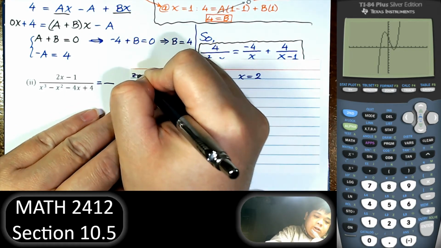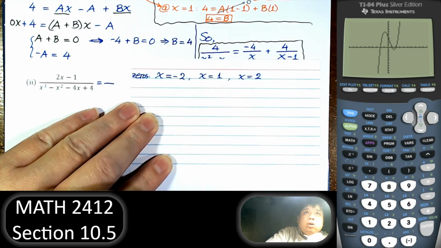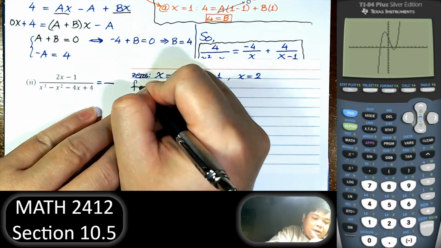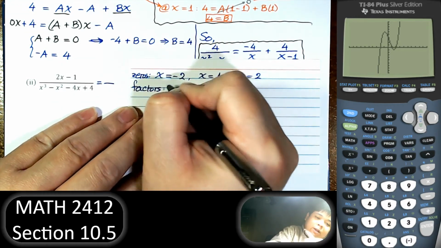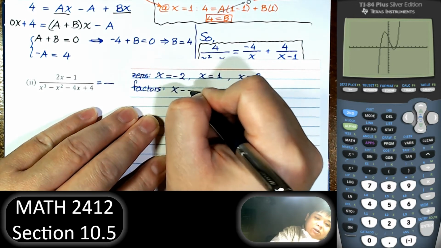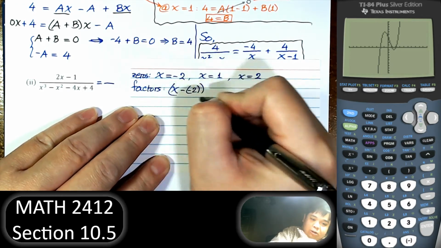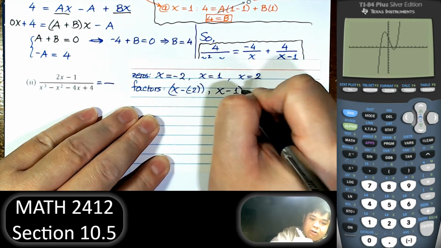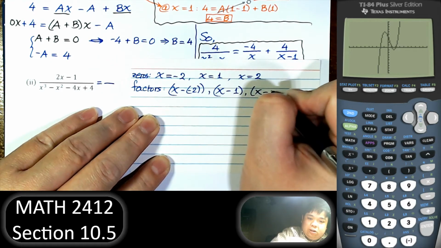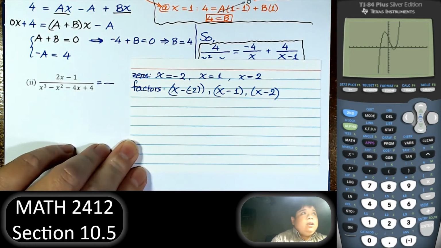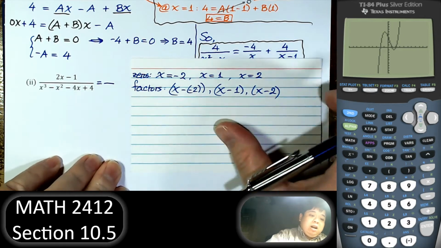Those are zeros. If those are zeros, then we will have the factors x minus those numbers, because if we're not sure, we can always multiply it out.